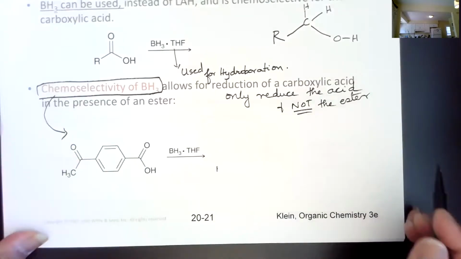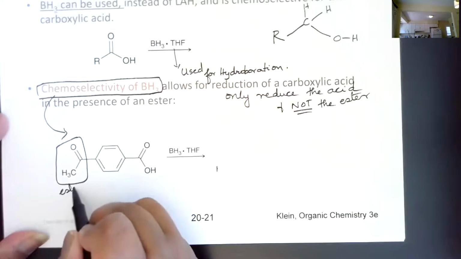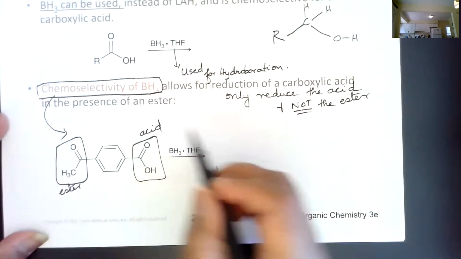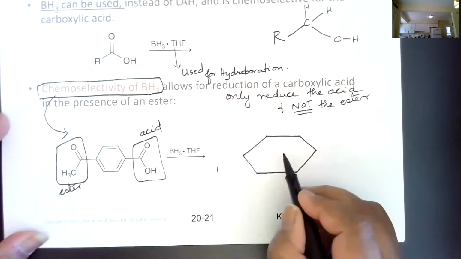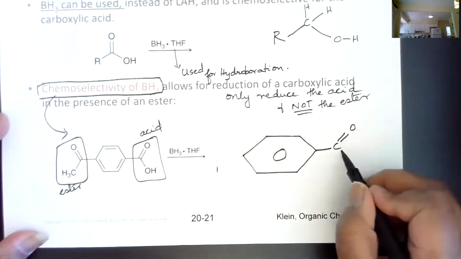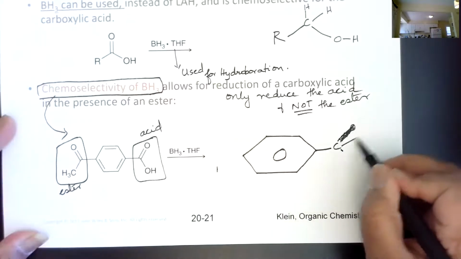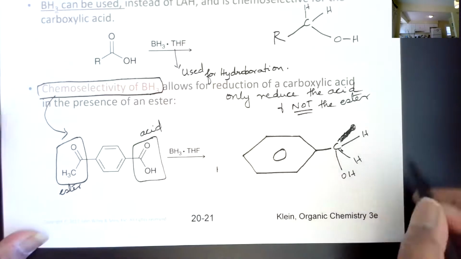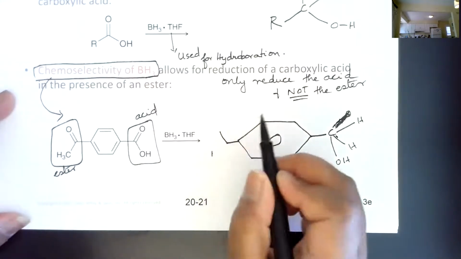If you use BH3, you have an ester here and an acid here. What does he do? He's one step above NaBH4. He makes this into a primary alcohol, but he's like, okay, I'm not going to touch you, ester.